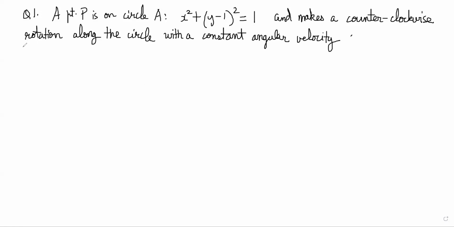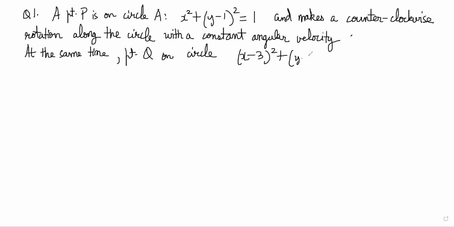Okay. At the same time, point Q on the circle (x minus 3) whole square plus (y minus 2) whole square is equal to 1 makes a clockwise rotation with the same angular velocity.